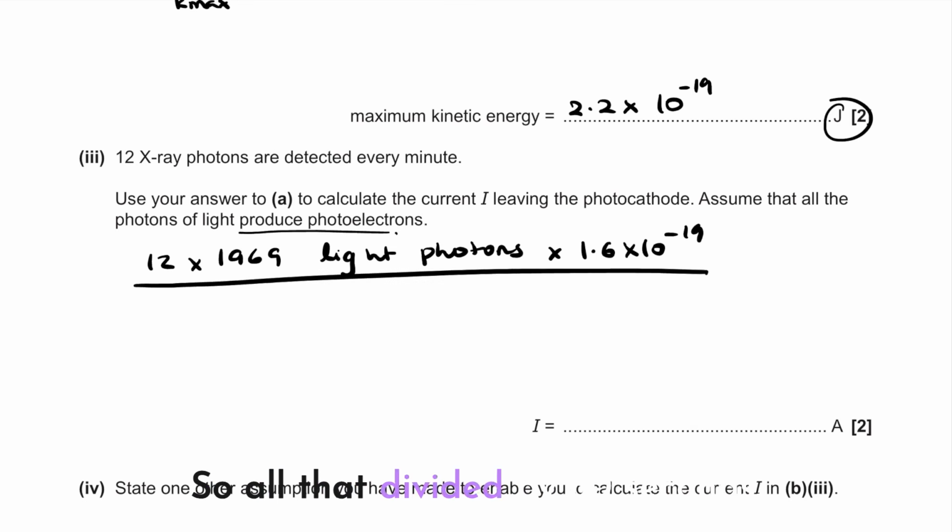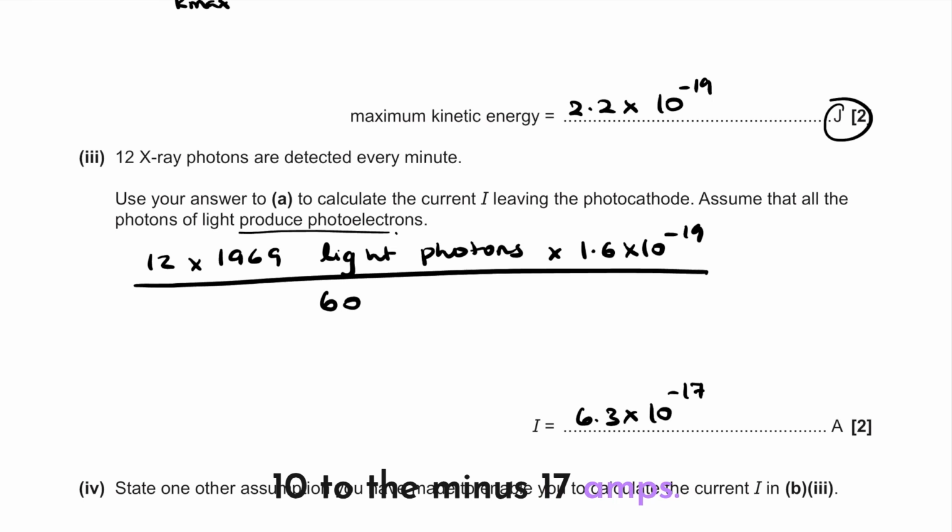So all that divided by 60 seconds gives me a value of 6.3 times 10 to the minus 17 amps.